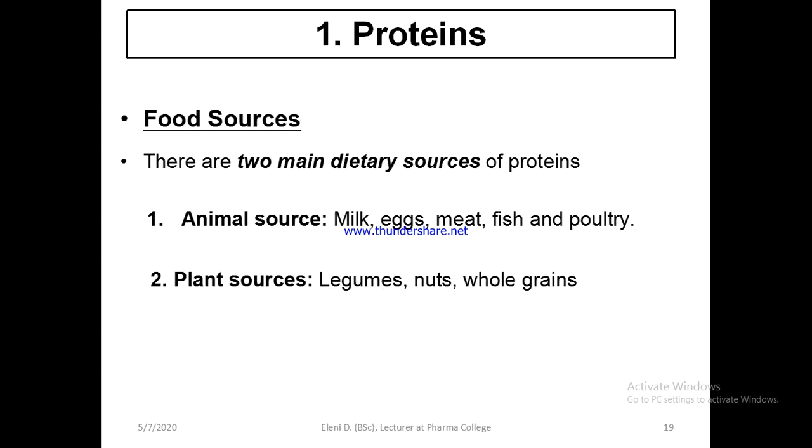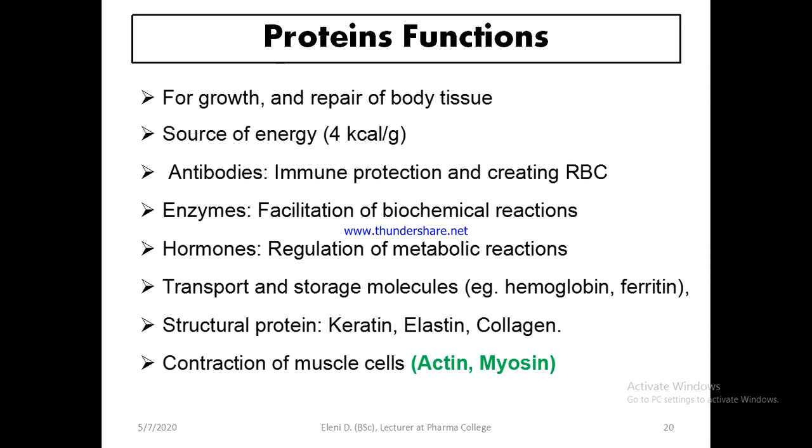The food sources of protein are animal sources and plant sources, and the functions are: we need proteins for growth, for repair of body tissue, and for antibody formation, because they are an important component of the immune system.